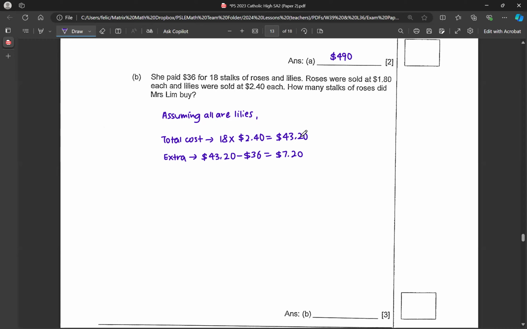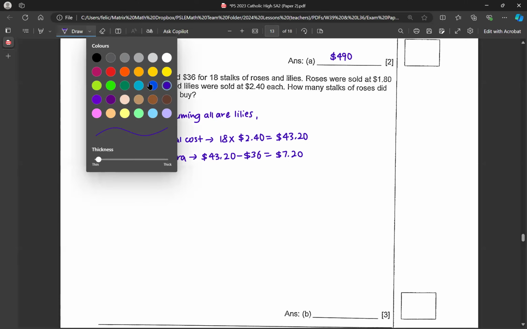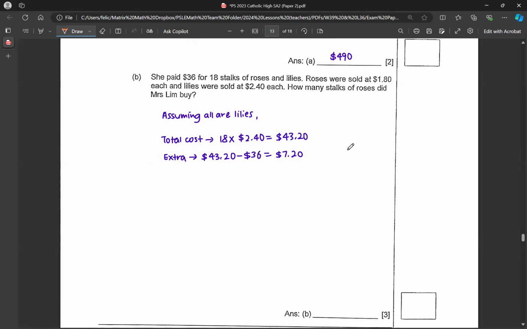If you remember the diagram that we have done many times before, $7.20 is the extra that I'm taking out from the 18 stalks. I'll draw the diagram out to help those who are not so familiar with this concept. Since I assume all are lilies, I just put an L in each circle, dot, dot, dot.